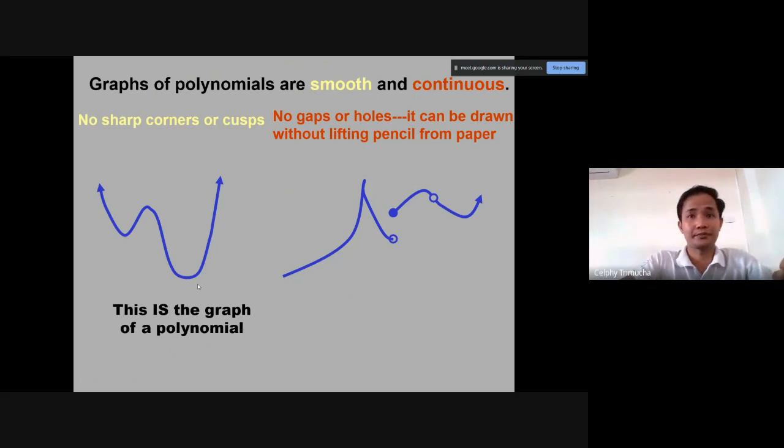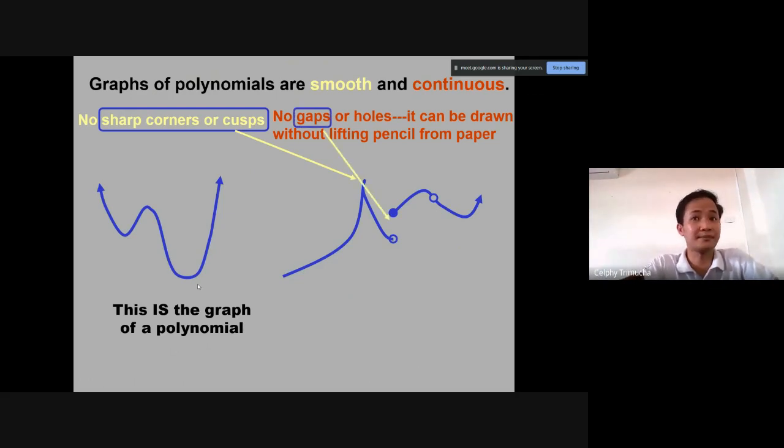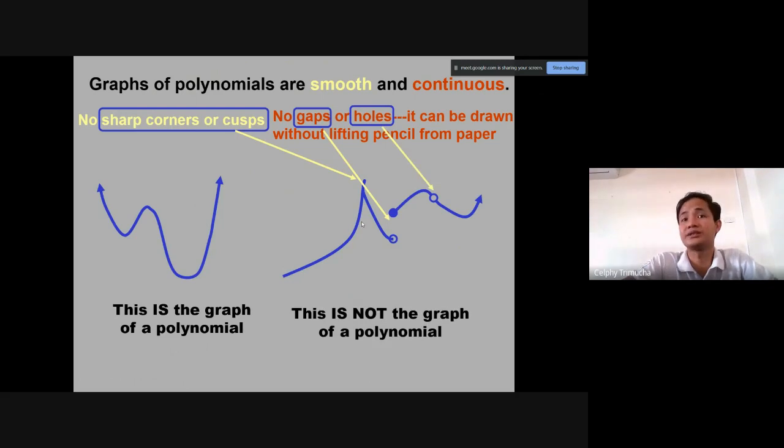So take note, dapat wala kita sharp corners or cusps, wala man kita dapat sang gaps. So we have here a gap and we have holes. So but silingon, wala nato na satisfy ang dapat nga property of certain polynomials. That's why hindi nga type of graph na nakita naton on the right is not considered a graph of a polynomial.